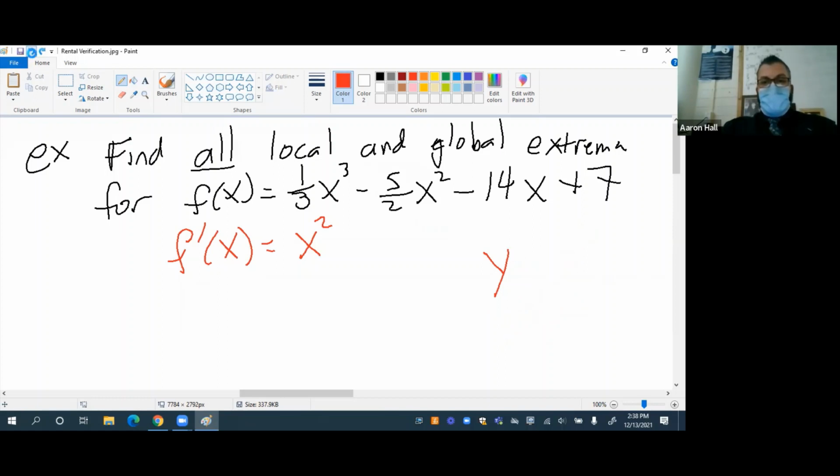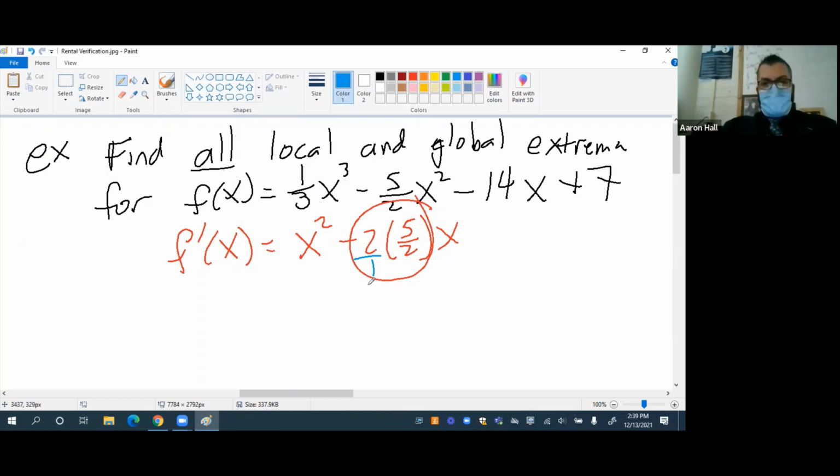Okay, so Emma, how do I take the derivative of this? So that's 2 times negative 5/2, and then just times x. What does this become here? Isn't 2 the same thing as 2 over 1? Yeah.